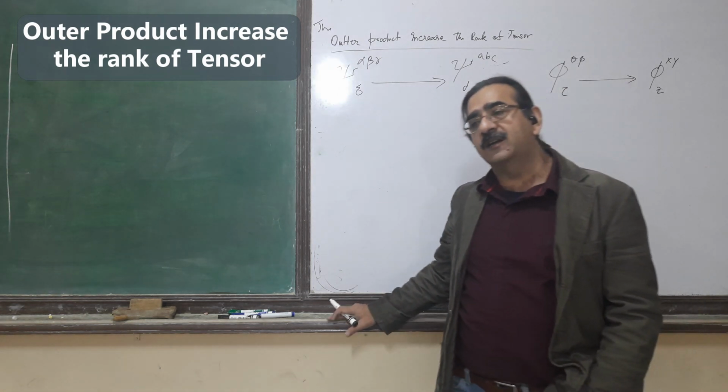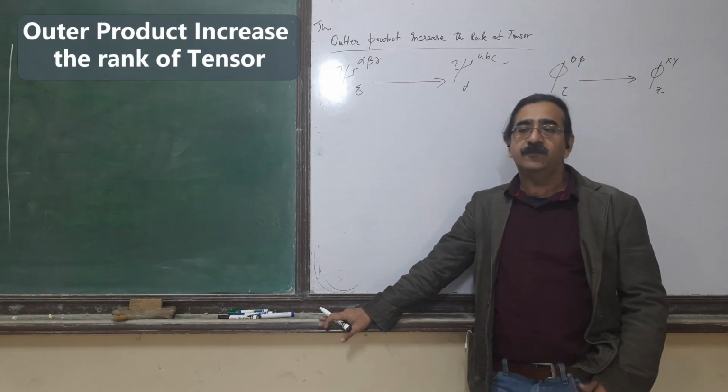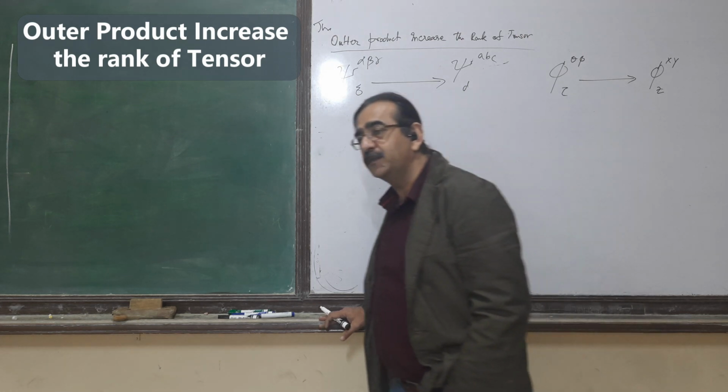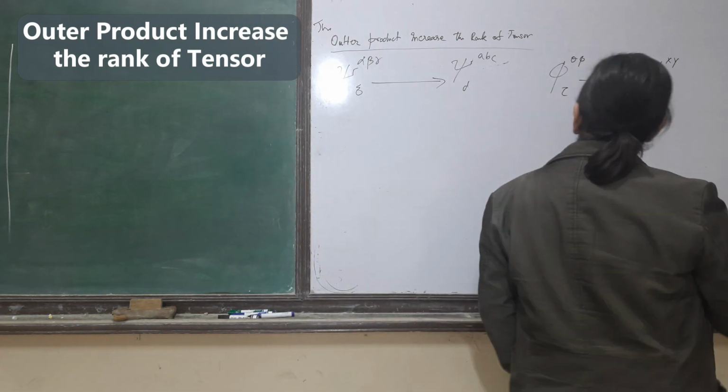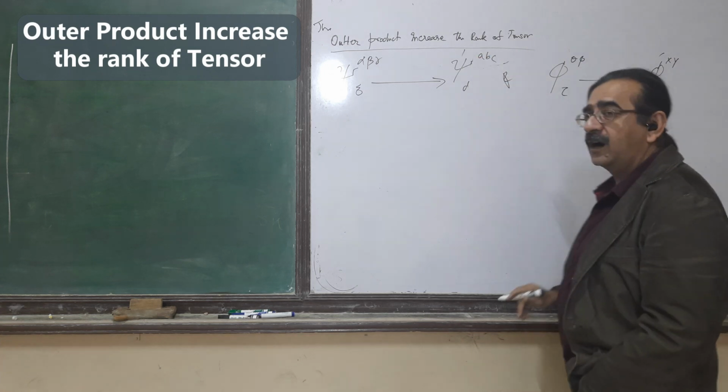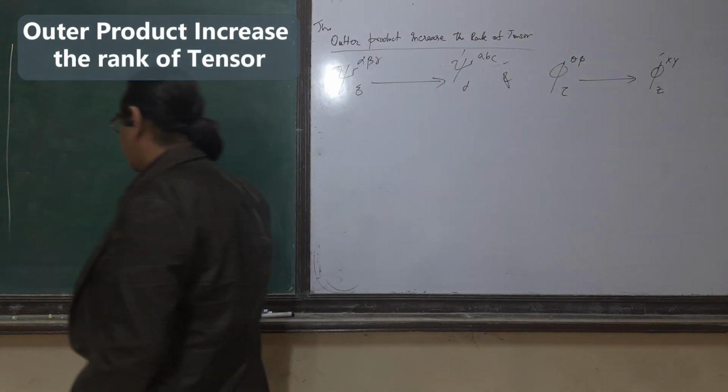In the inner product, in contraction, one, two, or three indices must be the same, and those must be contracted. But now we are discussing the case where all are different. Then what will happen?